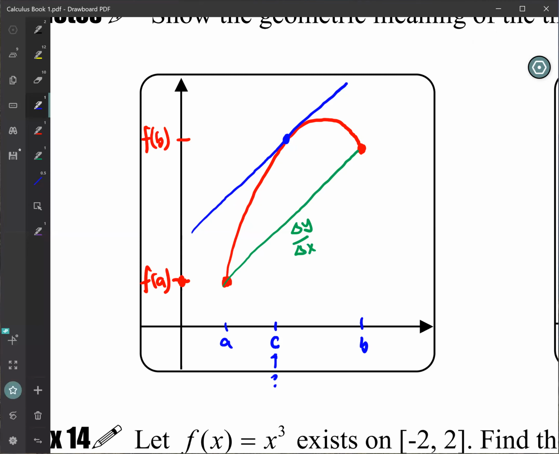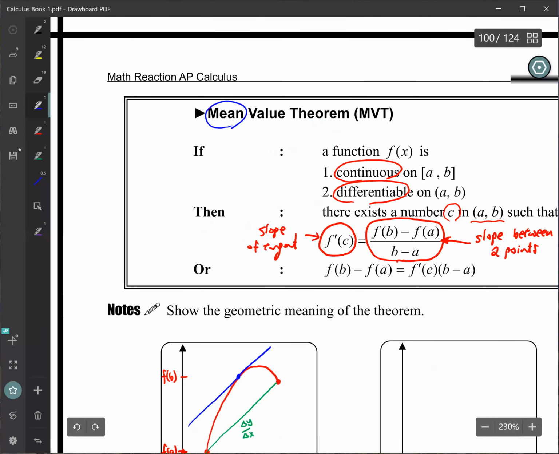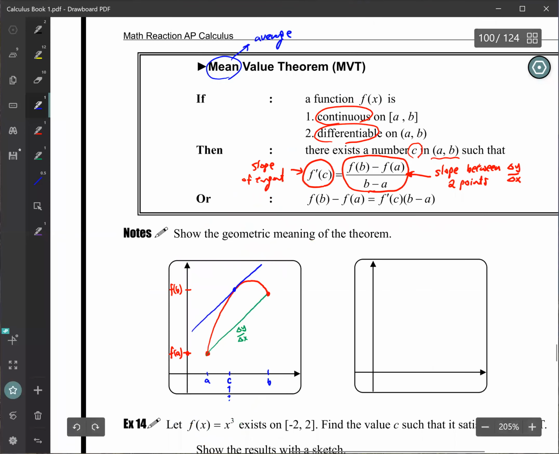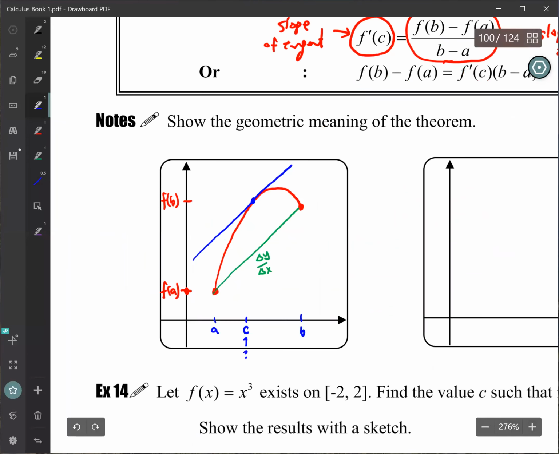So why is this called the mean value theorem? What does mean mean? Like average. Average, yeah. So the average value is over here, the slope. The location of c is where, when you find the slope, it's like finding the average.